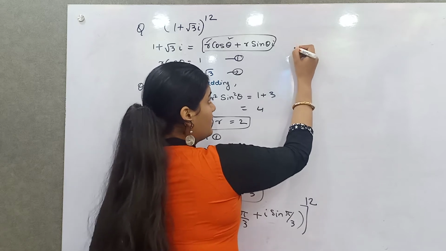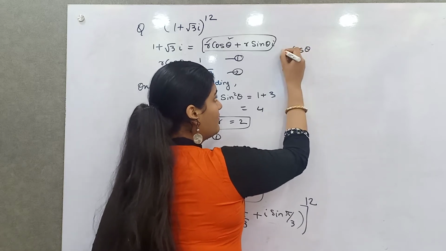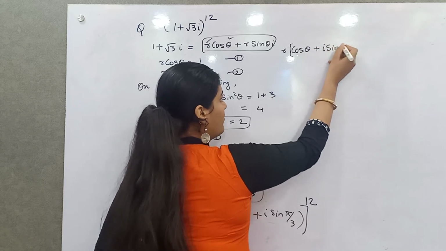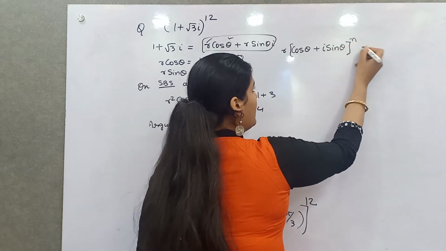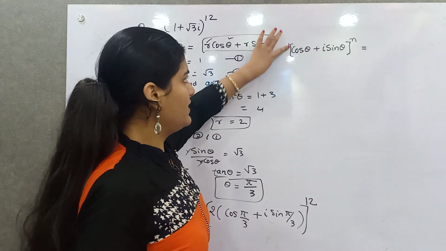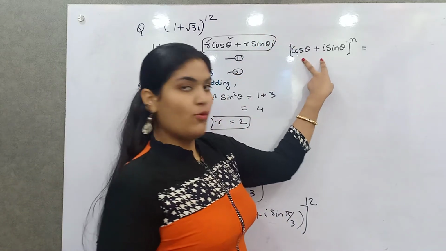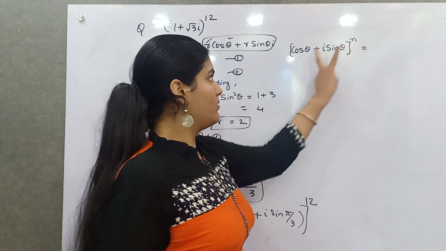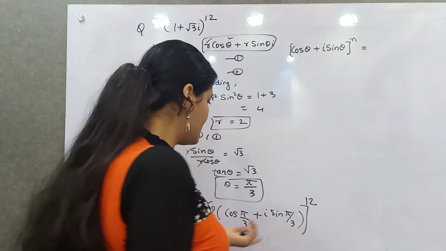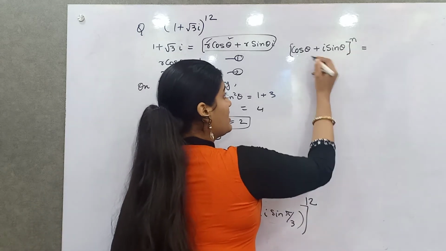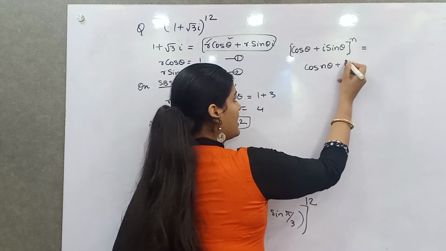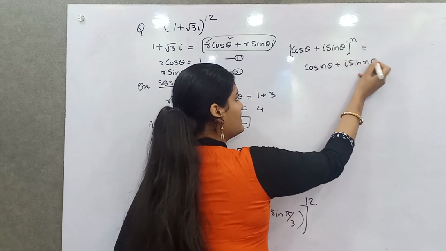The formula is, if you have something in the form of polar form and you have to find the value of polar form raised to power n, maybe 12 or maybe 16, then this will be cos n theta plus iota sin n theta.